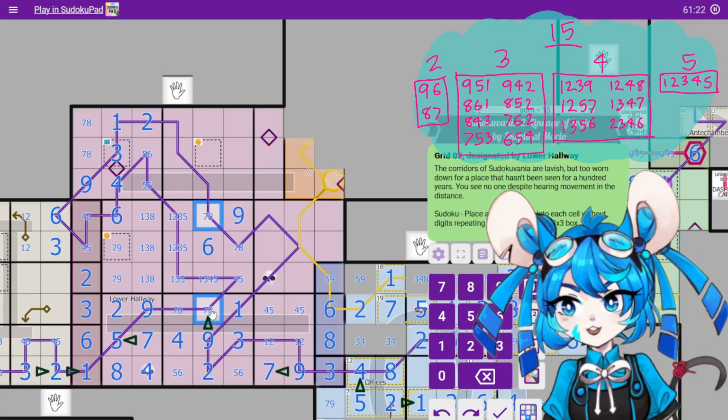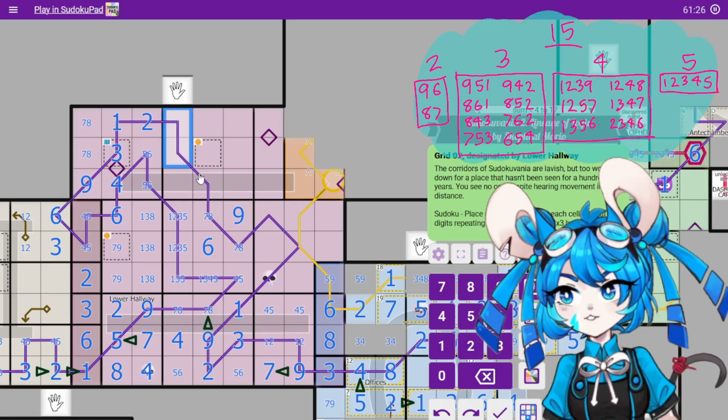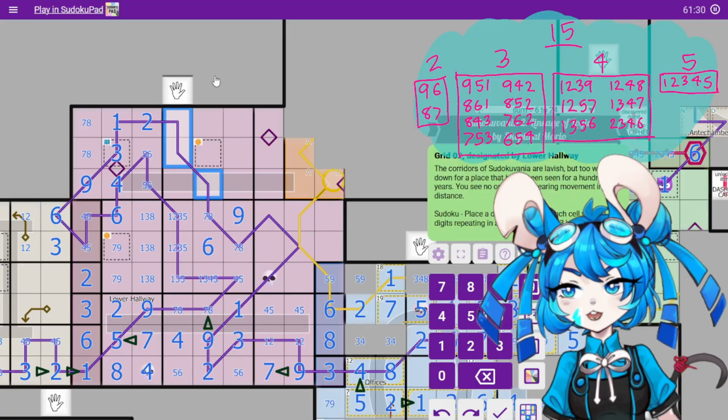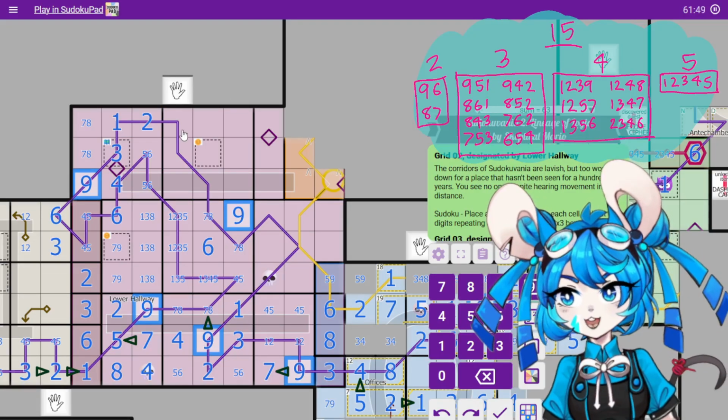We do have a 7-8 pair in this column. What could this sum be? Let's look at our handy dandy little chart. I don't know if that actually helps, having the chart. Well, we know there's a 9 on it.